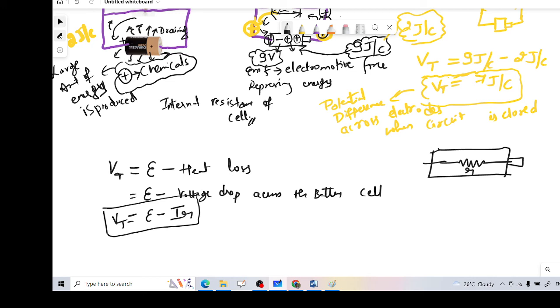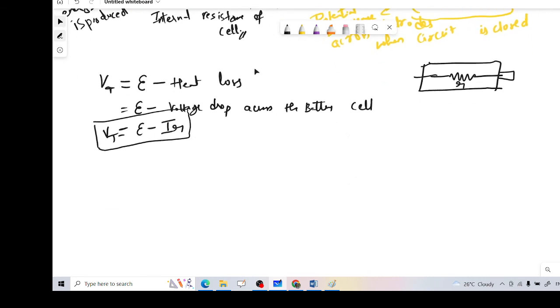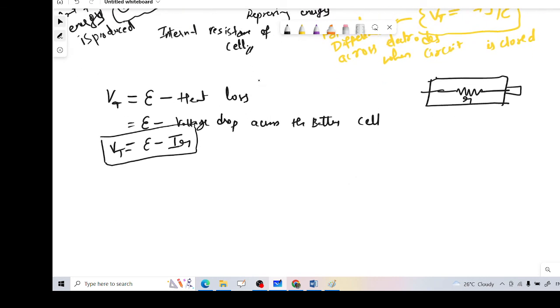And now, what is the current flowing through this circuit? Suppose I have taken one extra resistor over here, and later I am connecting a bulb, and there is a battery cell here. So this resistor is R, this is positive and this is negative, producing 9 joule per coulomb of energy.